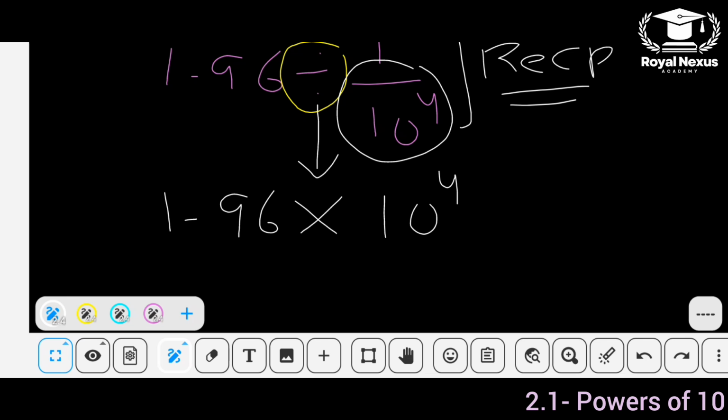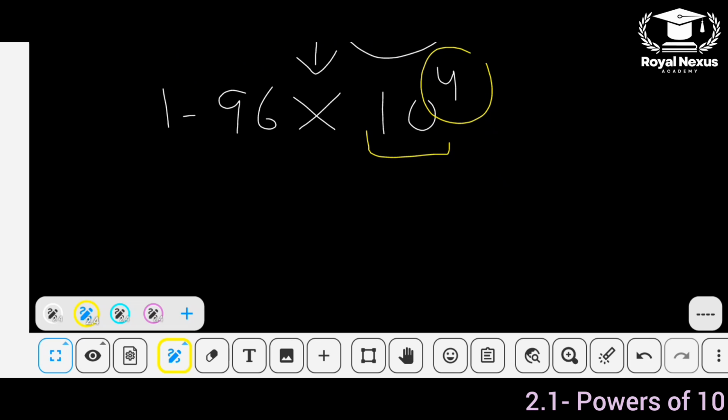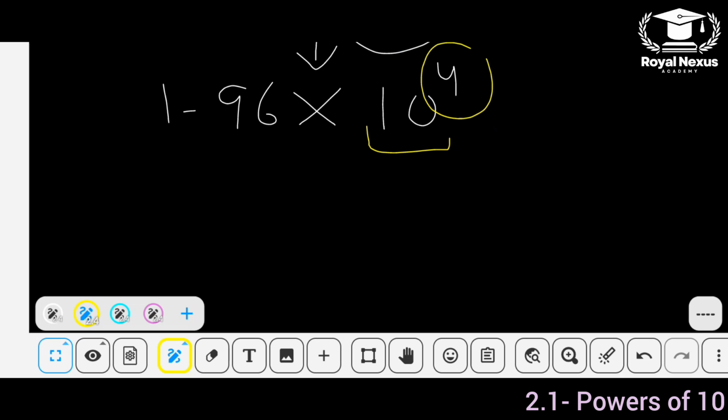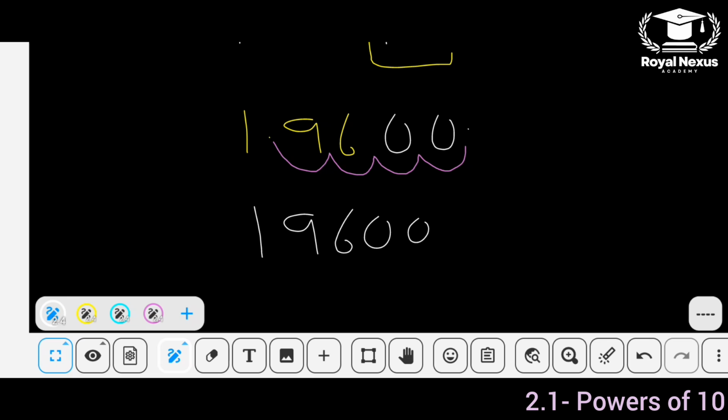Now we are just multiplying by 10 raised to a positive power, so we need to move the decimal 4 places to the right. So it will be 1.96 and we will move it 4 places to the right, 1, 2, 3 and 4, and in the two gaps we will just put 0, and the decimal will be over here. So this is the answer to this question.